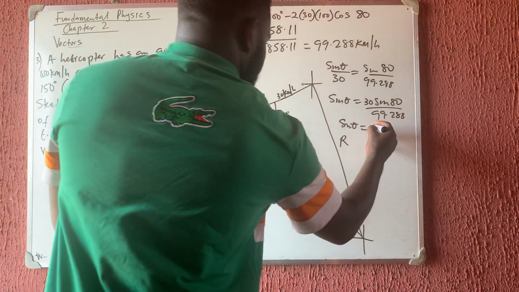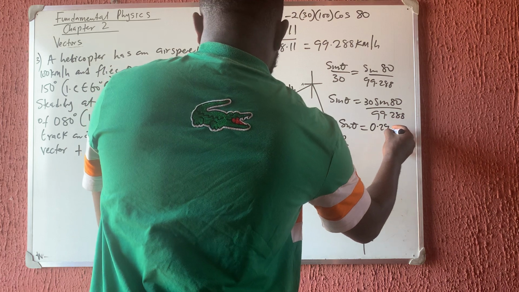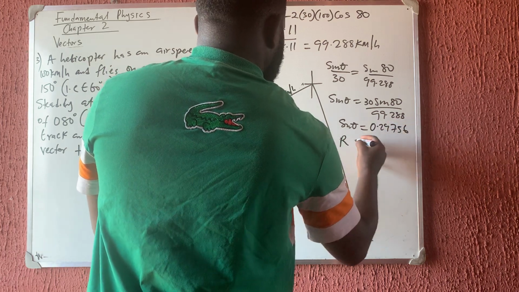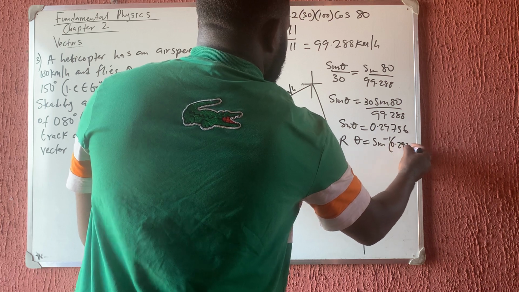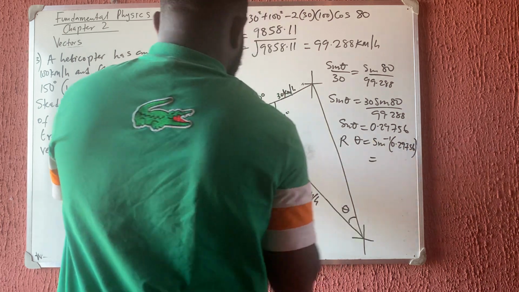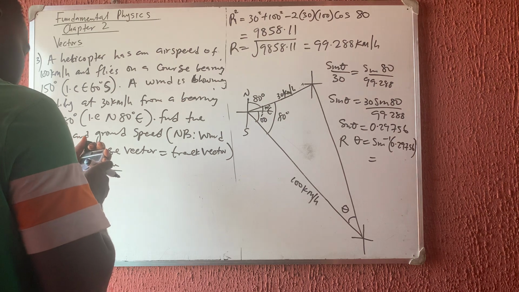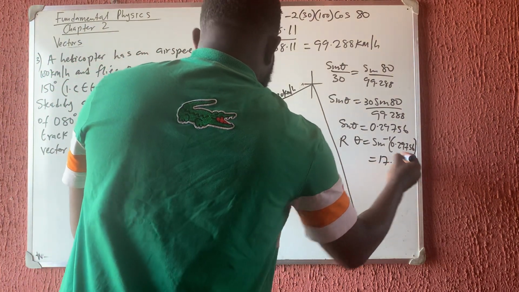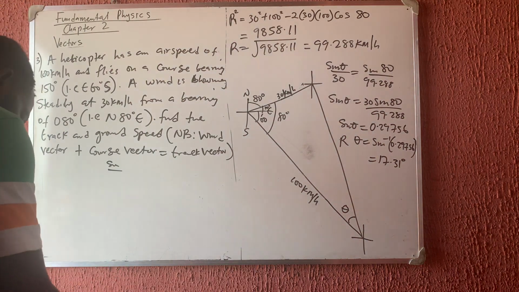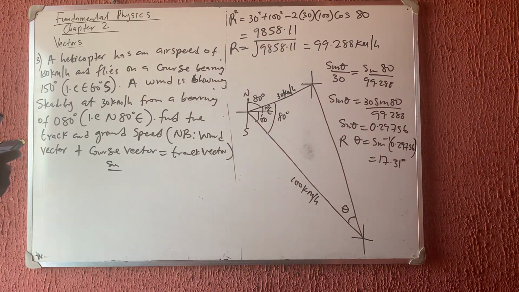So I have 0.29756. So theta will now be the sine inverse of that 0.29756. So if you do the sine inverse of that, you have 17.31 degrees. Okay, so we have gotten that angle as 17.31 degrees.